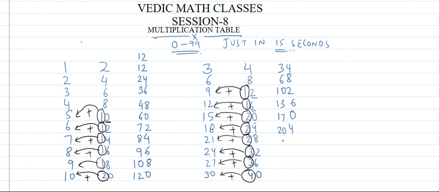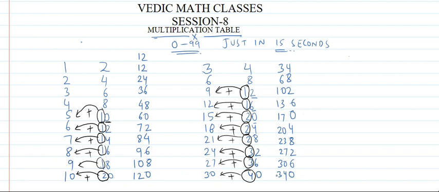Here unit digit is 8, and 2 added with 21 is 23, so 238. Here unit digit is 2 and 3 added with 24, so the answer is 272. Likewise unit digit is 6 and 3 added with 27 will be 30, so 306. And here unit digit is 0 and 4 added with 30, so 340. So this is how you can write down the multiplication table of 34.